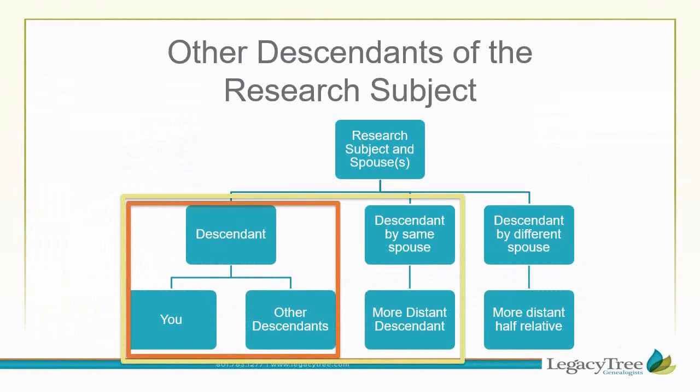Other descendants of, or shared matches with other descendants of the independent descendants of the research subject may be other independent descendants. And those individuals could be helpful because different descendants of a research subject and their spouse inherit different parts of that ancestor's DNA. And because they inherit different parts of that ancestor's DNA, they have different genetic cousins. They have different amounts of shared DNA with key genetic cousins.